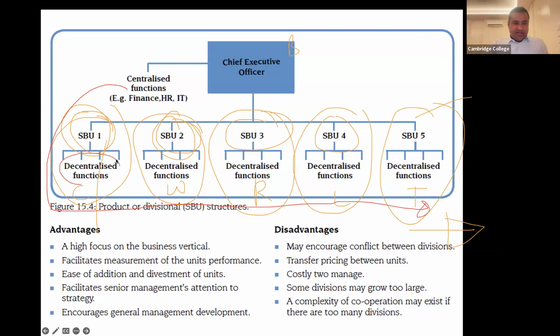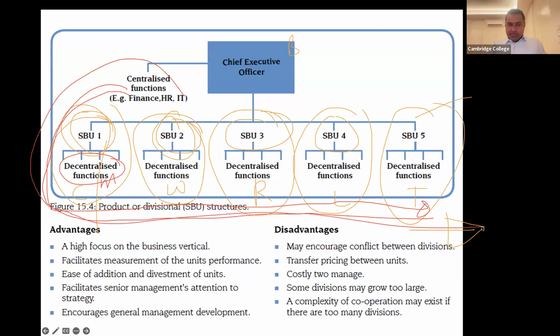So you have decentralized functions within these sub businesses. Usually marketing is there. Why? Because marketing has a budget. And then you have finance that can support all the businesses, IT that can support all the businesses, HR that can support all the businesses. So you have centralized functions and decentralized functions within the business. I hope it is clear.